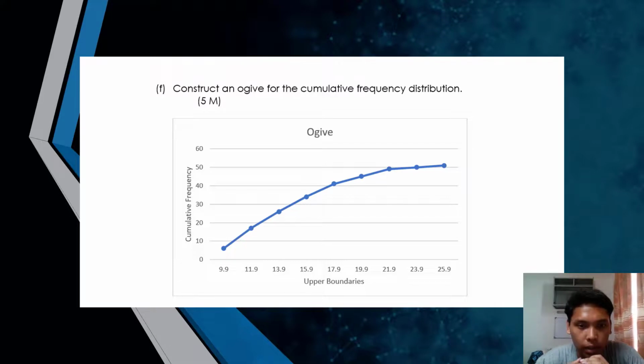Okay, after we have all the information that we need, cumulative frequency and upper boundaries, we just refer to that table and put a dot until it makes a line. Okay, that's all for the OGIF.